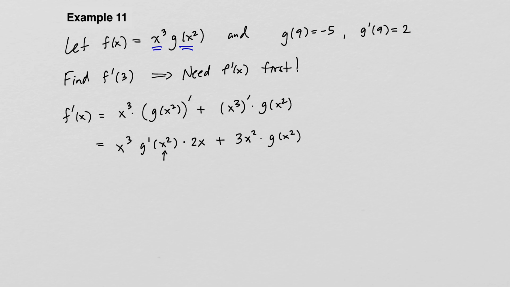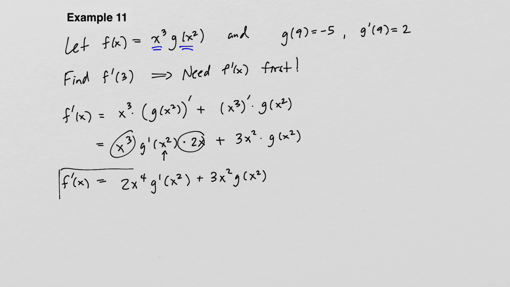So now if we simplify this by multiplying x cubed and 2x, we have 2x to the fourth, g prime of x squared, plus 3x squared, g of x squared. So this is our derivative f prime of x.